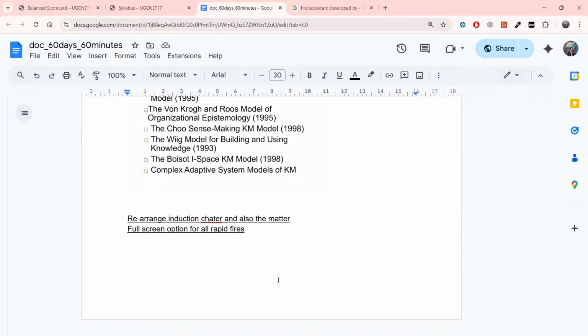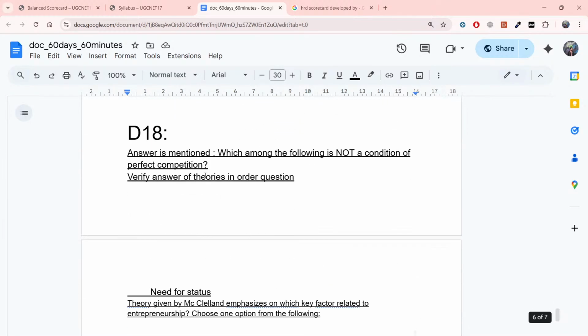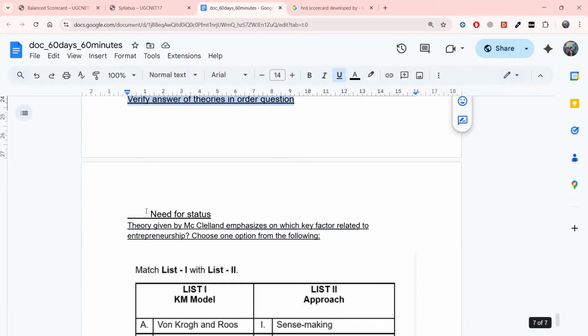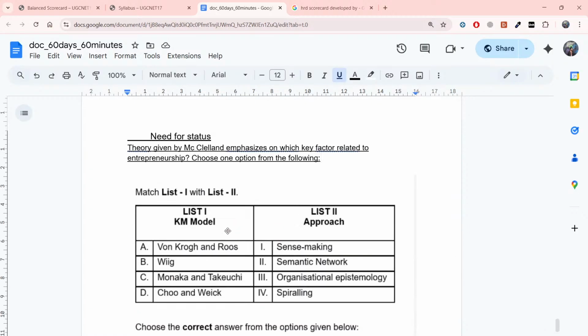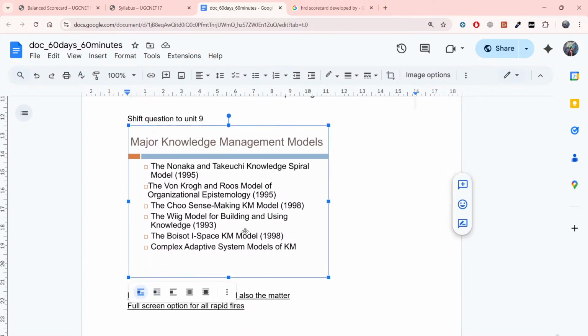Also, just to discuss the last day's progress, we have corrected the issues faced in all these different questions and theory. Only this unit 9 is left, which we'll address later.